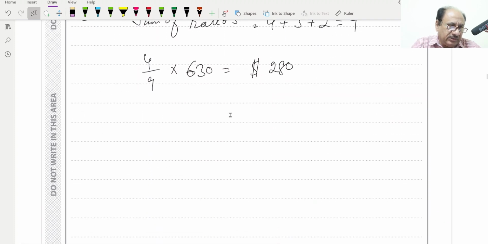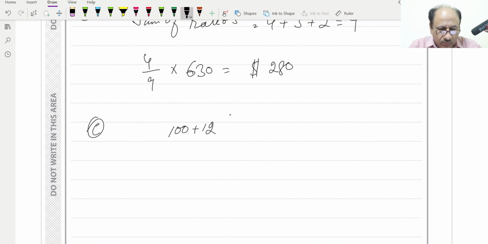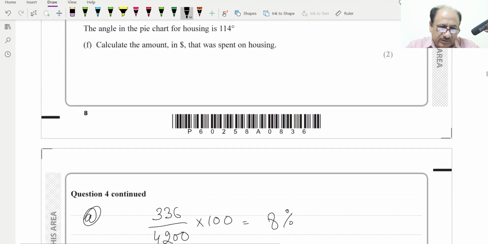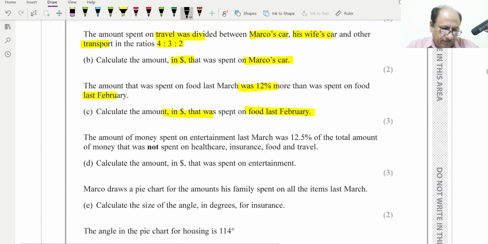For a 12% increase, we can directly add 100 plus 12, so this will be 112. We calculate 112% of the original amount, which is x, which we don't know, and this is equal to 546, which is provided in the question.